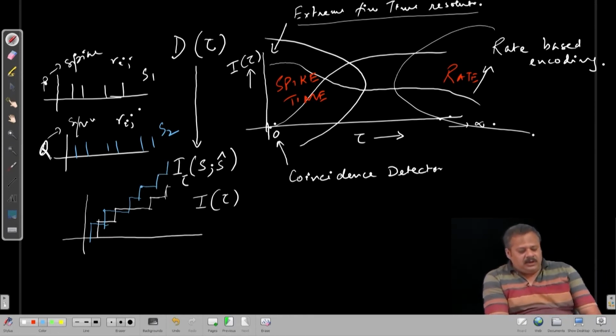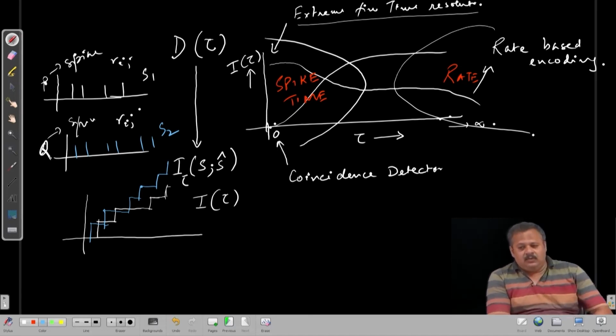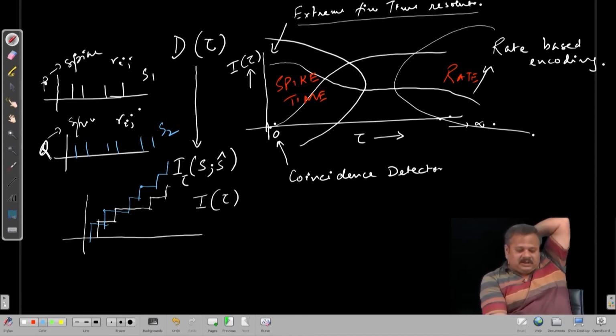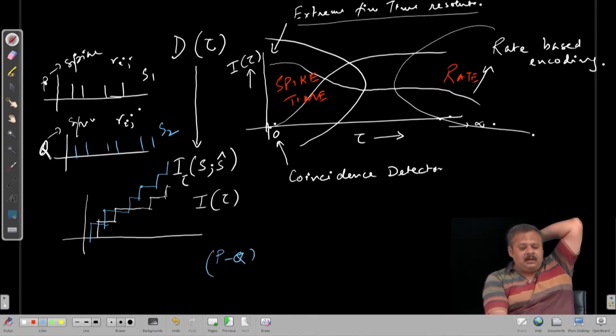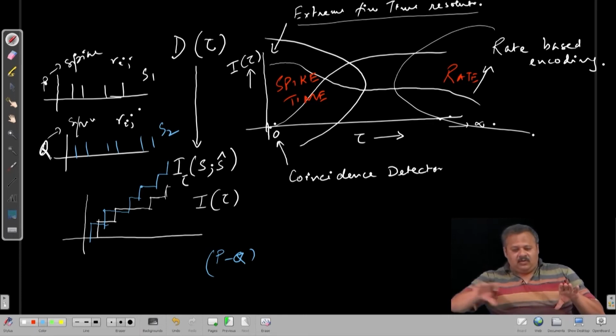And so when we look at the difference between the two, square it and integrate over the entire duration, it will turn out to be simply proportional to the difference in the number of spikes, p minus q, the cumulative value at the end, because the difference is going to build up to p minus q.